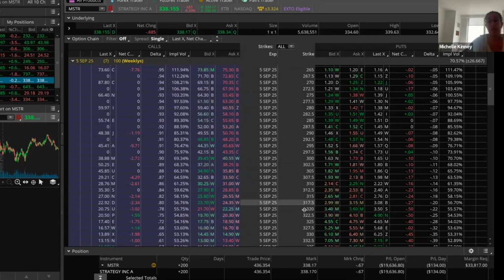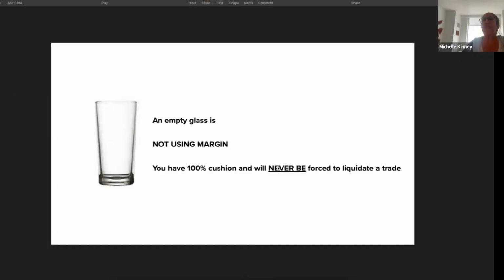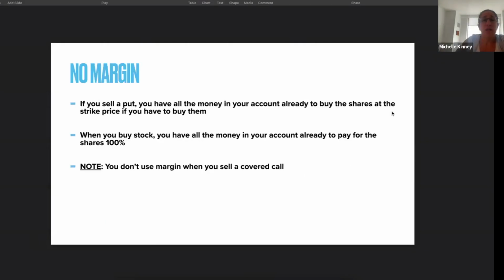So there's definitely lower risk when you're not using margin, because you're never forced to liquidate a trade. And that's the only time you lose money: if you have to buy something back, or sell shares and take in less than what you paid for them. That's the only time you lock in a loss.